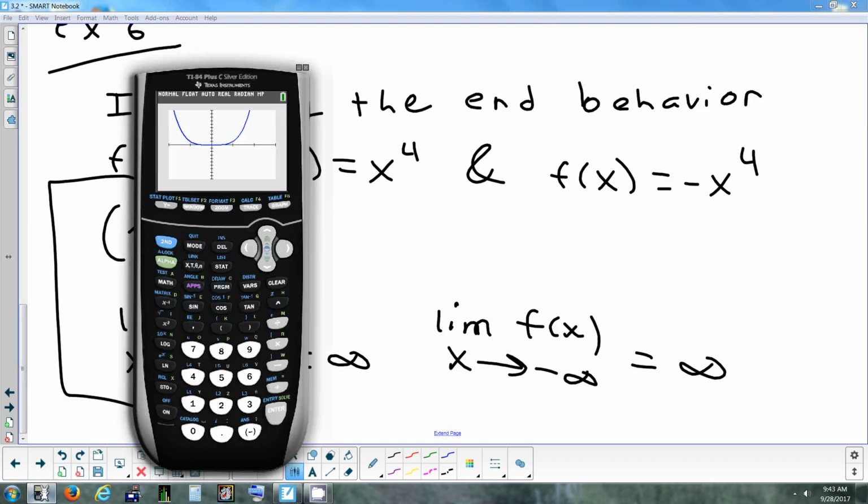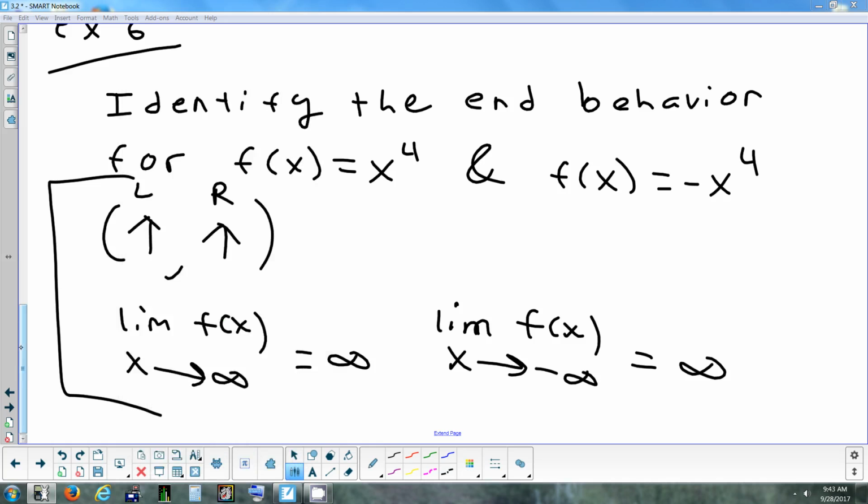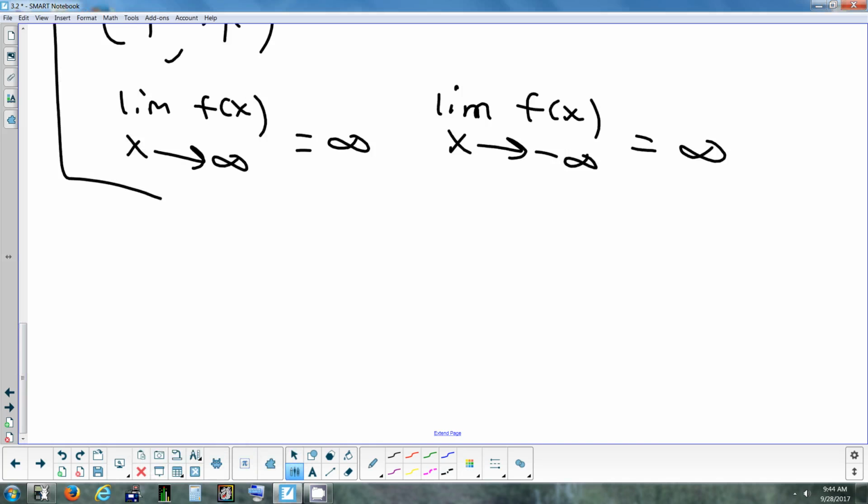Now, if we put a negative in front of that, what's the negative going to do? Flip it over which axis? Yep, it's going to flip it over the x-axis. So now we get a behavior that's down, down. So y equals negative x to the fourth is down, down.